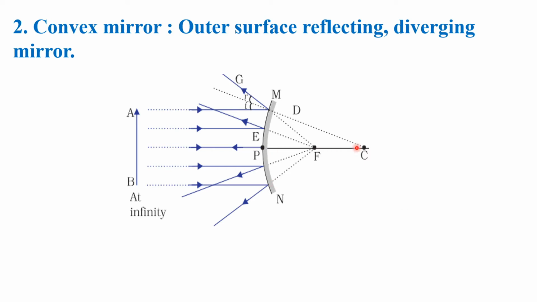The center of curvature is behind the mirror and the focus is also behind the mirror. Here AB is the object. All the rays parallelly moving towards the mirror will get reflected in different directions and will appear as if they are coming from the focus.